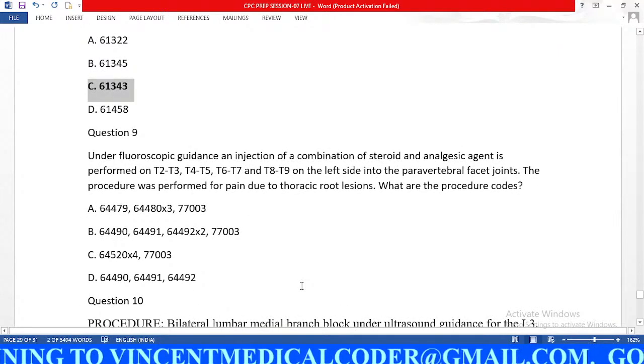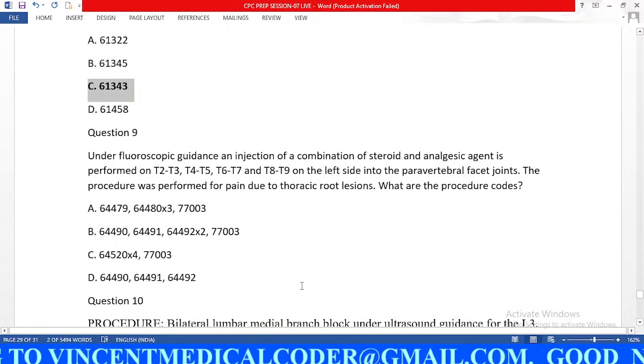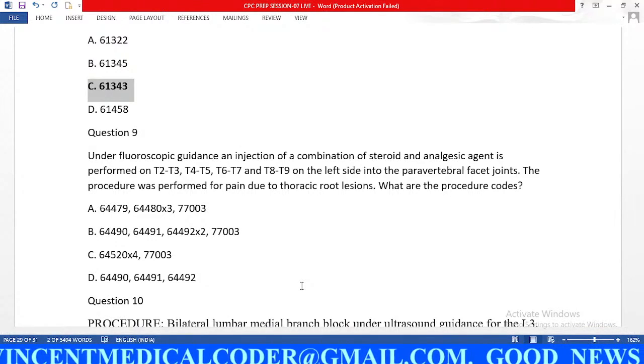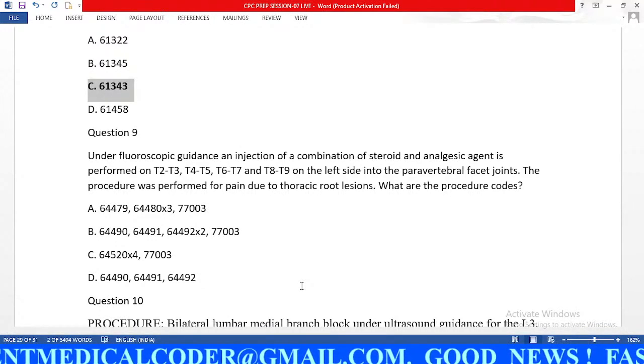Question number 9. Try this answer now. We will start discussing the answer at 11 o'clock.